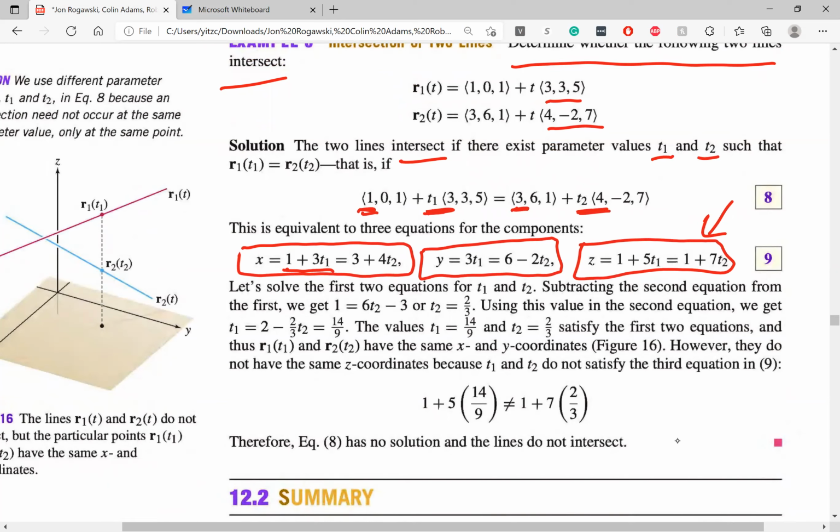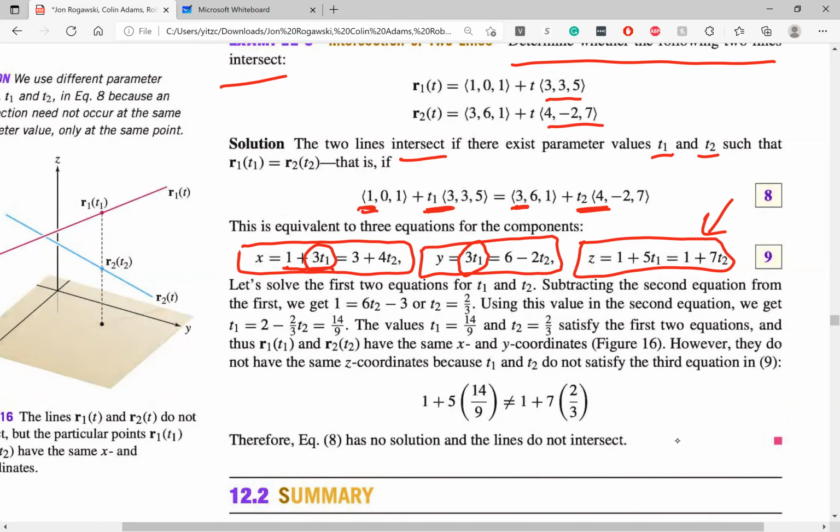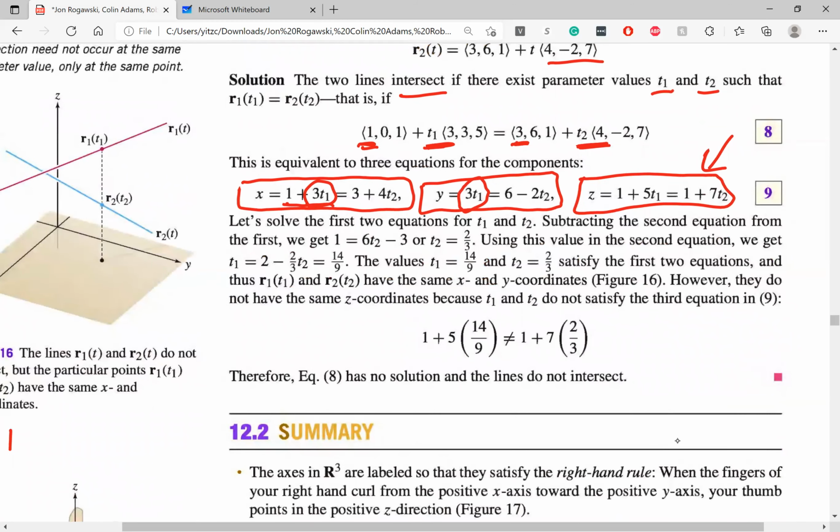So in order to solve for T1 and T2, you can just take this 3T1 and subtract it from this 3T1. So you end up getting 1 on the left, and then you subtract the other side of the equations. So this is going to be this minus that.